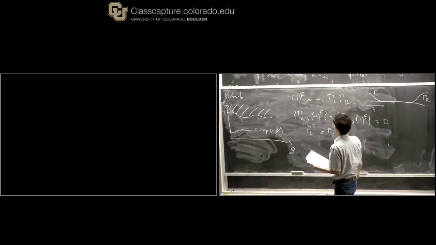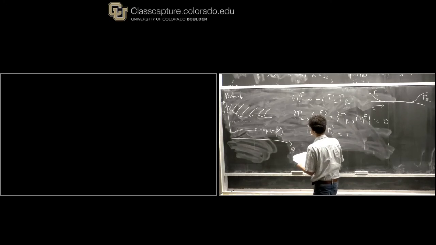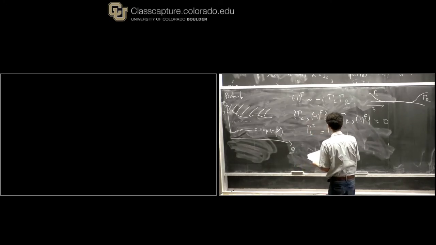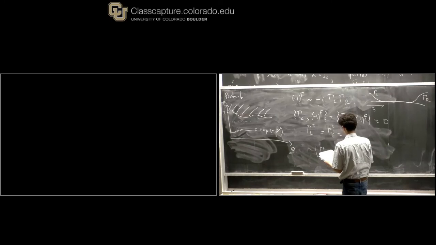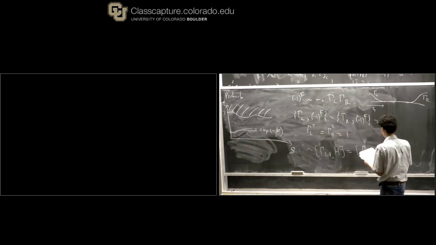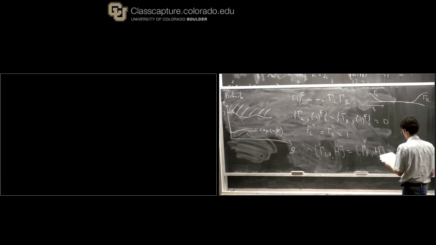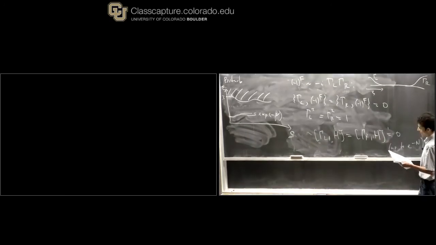Second statement is that if this is true, then both gamma left and gamma right commute with the Hamiltonian, whatever the new Hamiltonian is, the perturbed Hamiltonian, up to terms exponentially small in the system size.